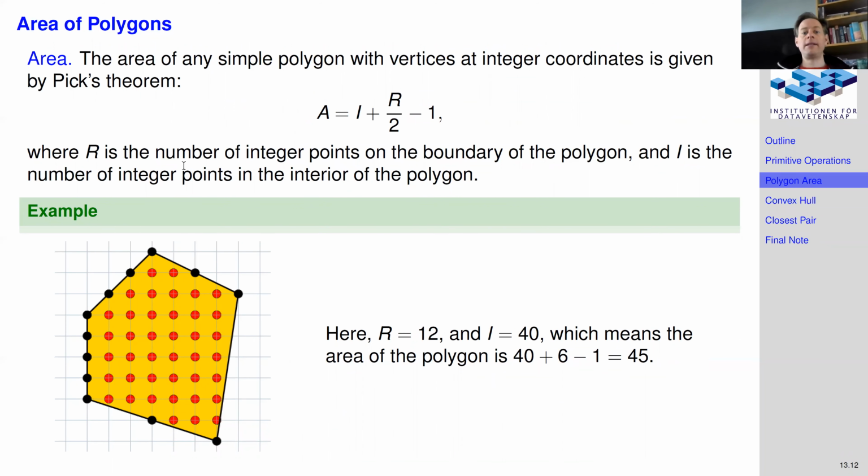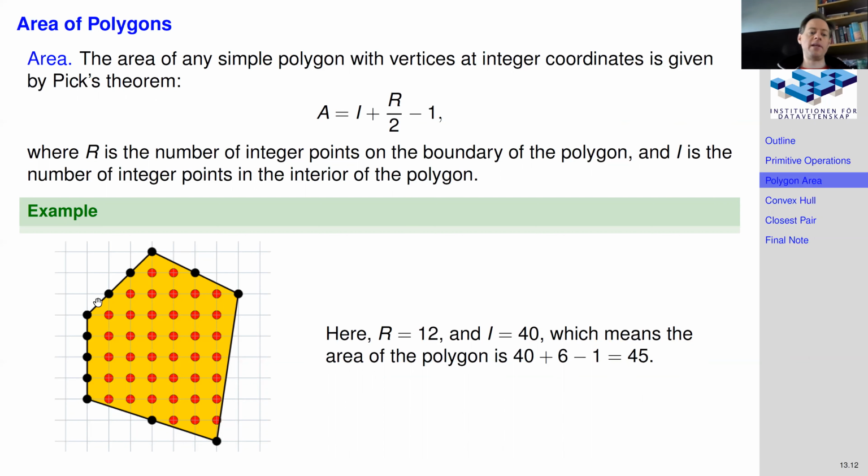There is another interesting way of computing the area of a polygon. If all the vertices are at integer positions, with integer coordinates, then there is something called Pick's theorem, which states that the area is equal to the number of interior points plus half of the number of points on the boundary minus 1.